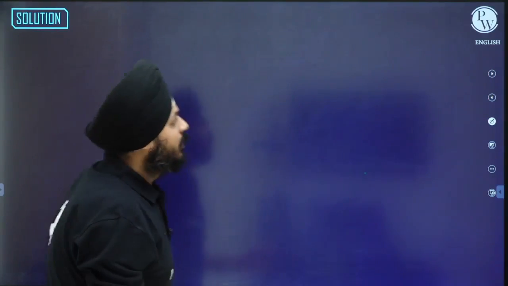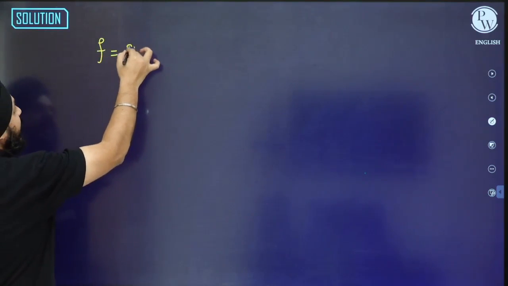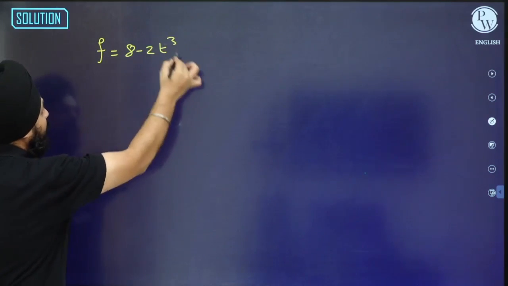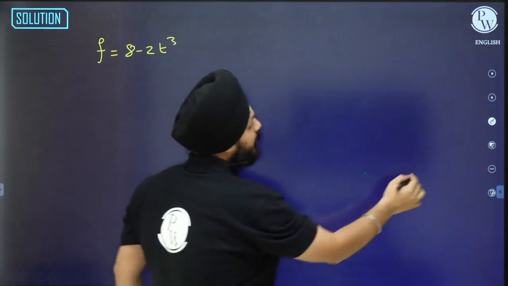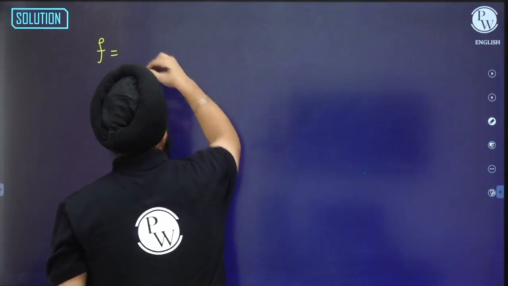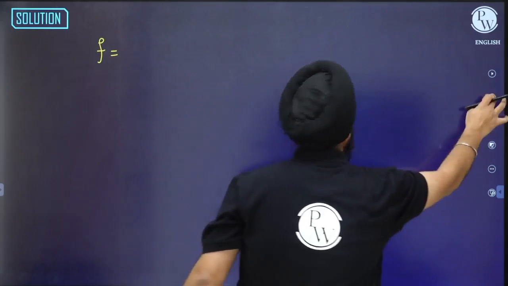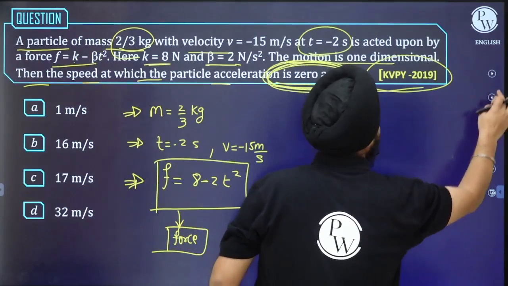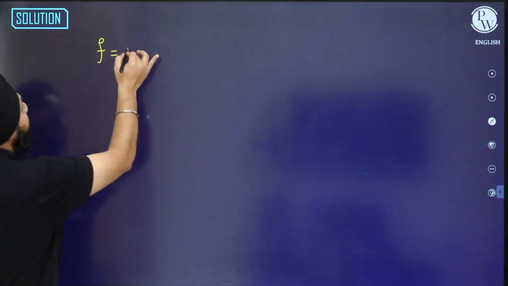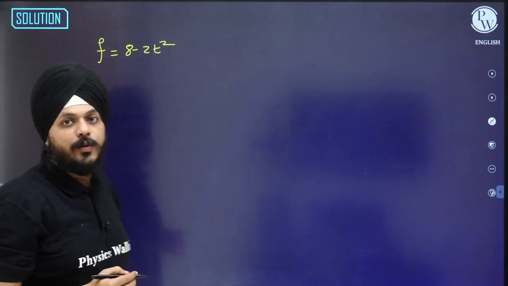I will give you a glimpse of that method, but right now, our main priority is to solve this question. See, force is given as 8 minus 2t square, right?